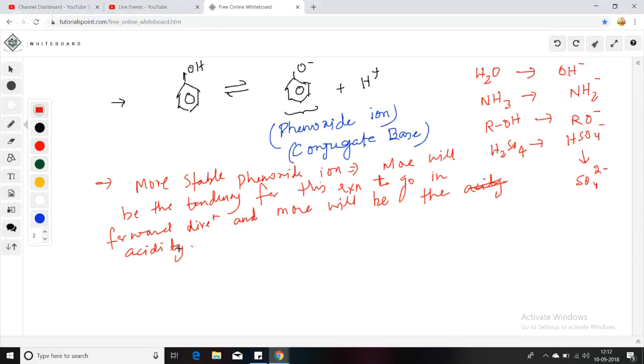So you see here, if one group is present, suppose here at the ortho position, we have OH. If you draw the equilibrium of this with group G, you'll get O minus here plus H plus.